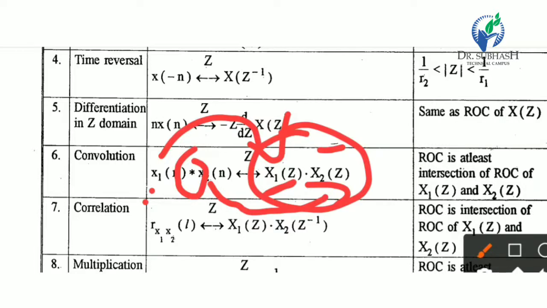The ROC is at least the intersection of the ROC of X1(z) and X2(z).